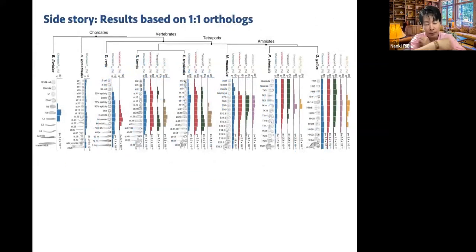But this was weird, because when we only focus on one-to-one orthologs, the mid-embryonic conservation was also observed for Amphioxus and chordate-wide species. So there should be something different between strictly conserved genes and whole genomic or whole transcriptomic conservation, including paralogs and genes that are presumably lost during evolution.